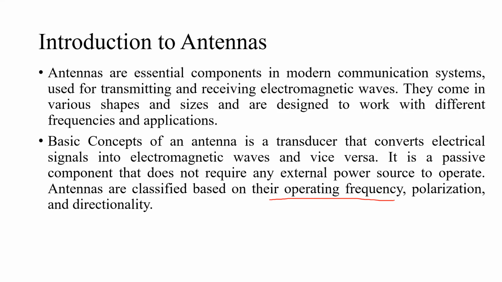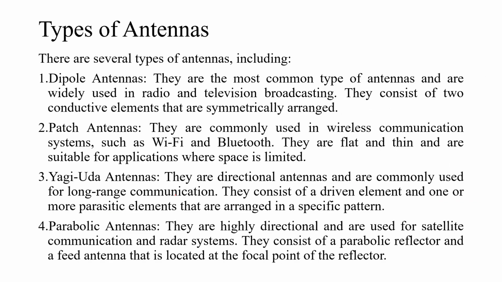Second, polarization: the antenna may use vertical polarization, horizontal polarization or elliptical polarization. Next, directionality, that is, directivity. Based on that also we can classify antennas. There are more parameters like this to classify antennas.